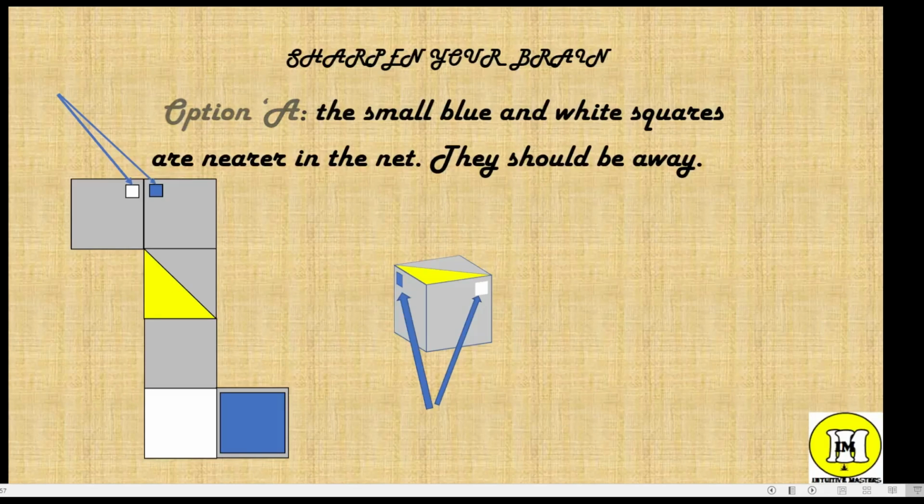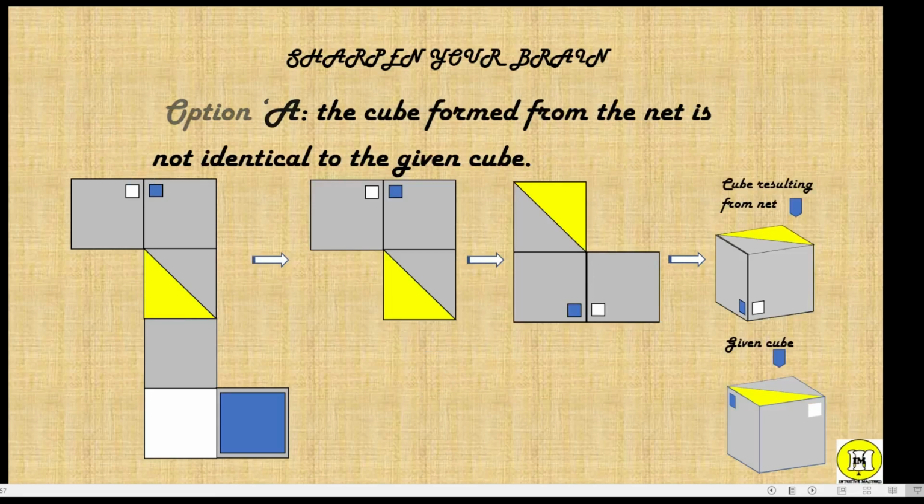Option A, the small blue and white squares are nearer in the net. They should be away. Option A, the cube formed from the net is not identical to the given cube.